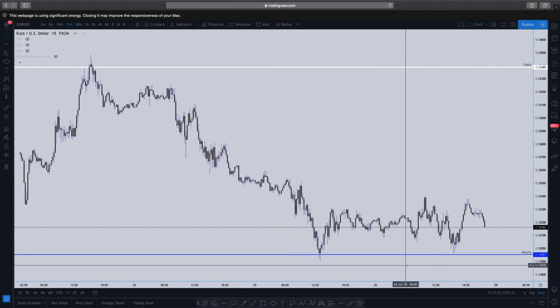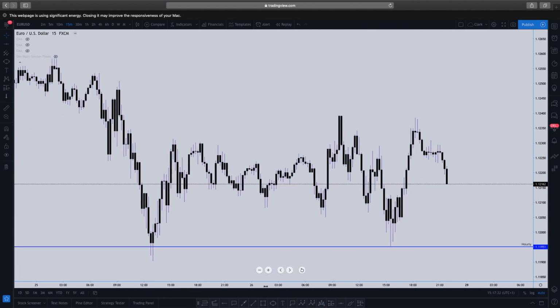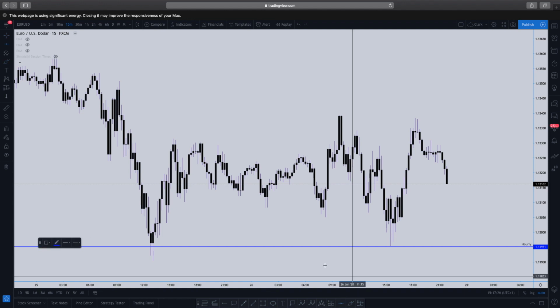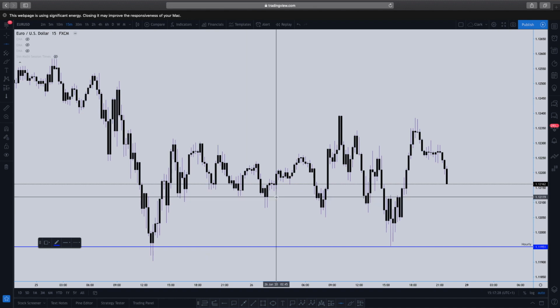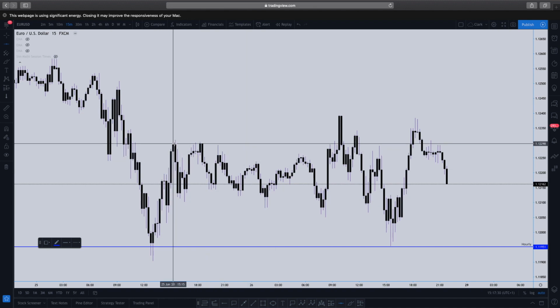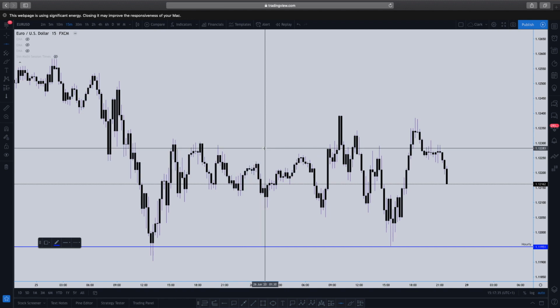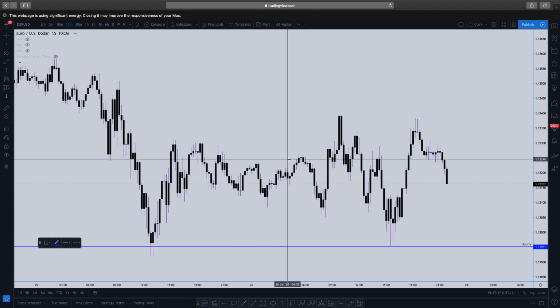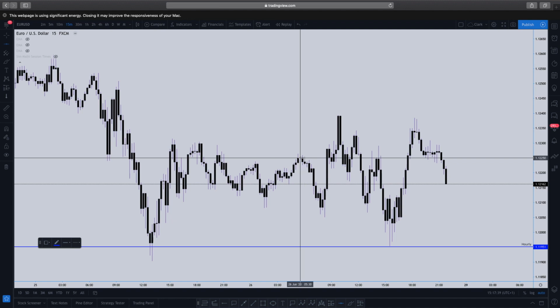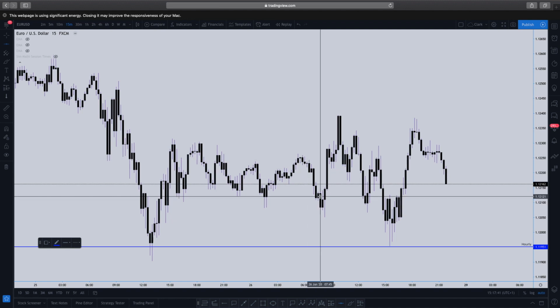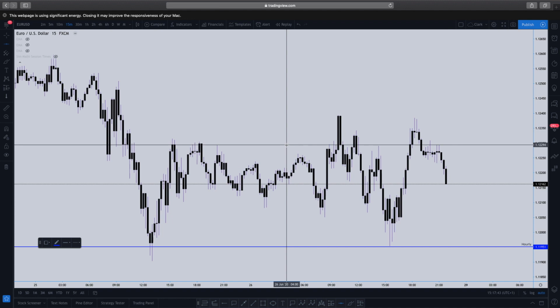So let's look at the 15-minute if we can get a level here. Let's see, we have price coming up, up, up, bouncing, bouncing, bouncing. Let's draw it here, or even there, we can do both.